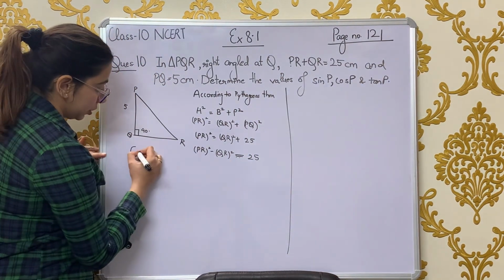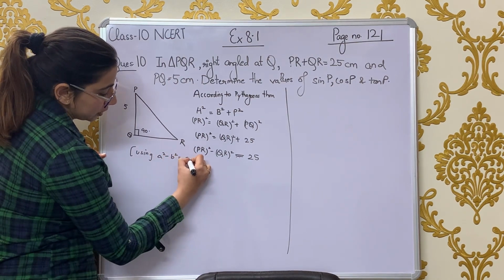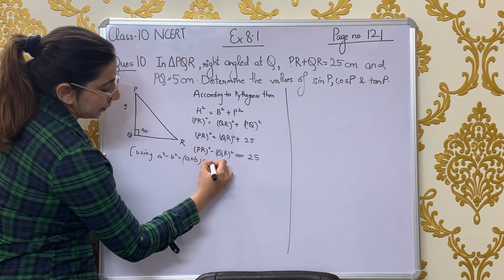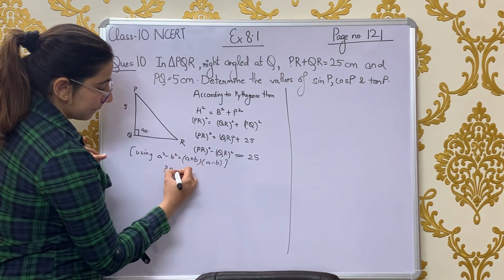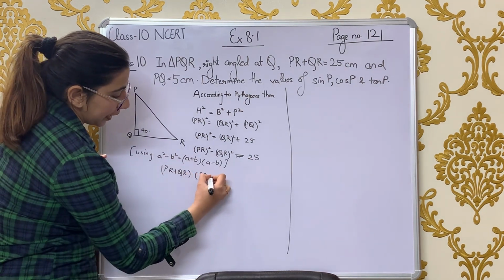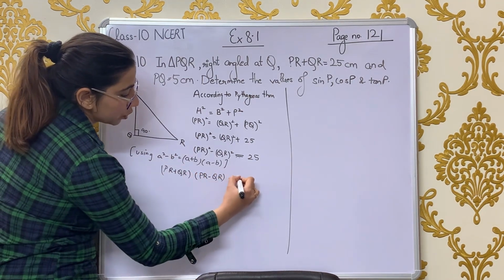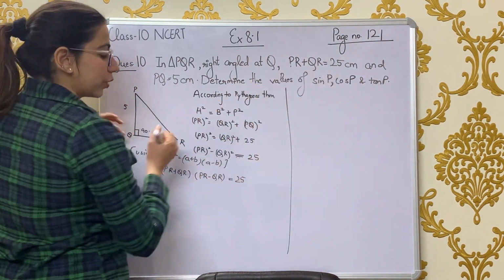Now using a square minus b square is equal to a plus b into a minus b, I can write LHS as PR plus QR into PR minus QR is equal to 25. I am given PR plus QR is equal to 25 centimeters.